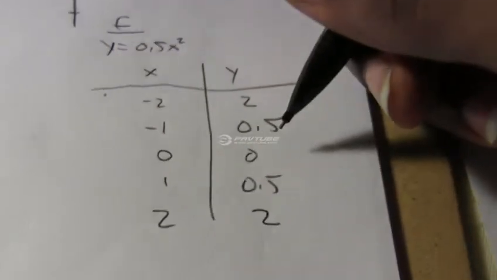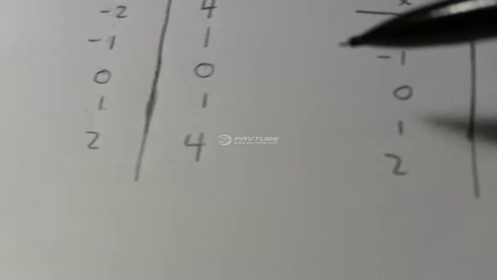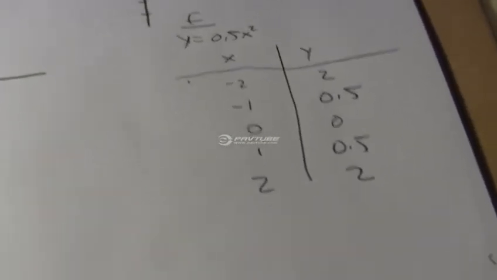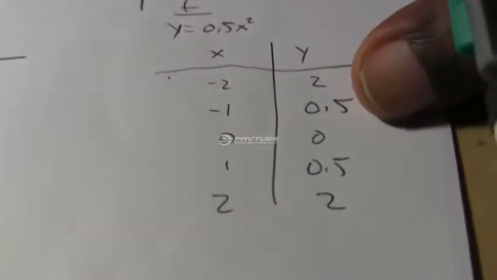So there's our symmetry again. Keeps coming back. It's always symmetrical about our vertex. And once you find your vertex and you find a few points, you can usually just graph it from that point. But we'll go ahead and graph it again.